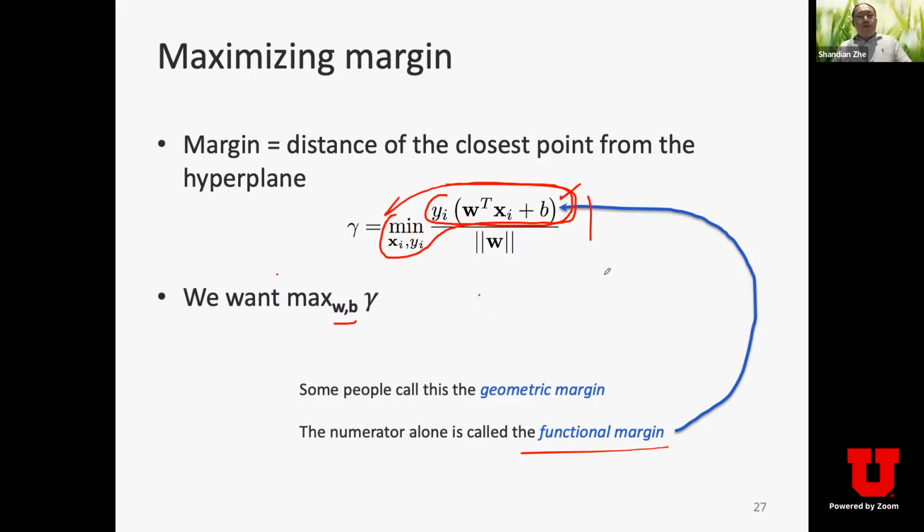The major difficulty in the optimization is that every time I change W and B a little bit to update the margin, I have to go over all the training set, namely doing this minimization over the functional margin. That's the major cost. Then the question is, how do we avoid this step? Or at least how do we reduce the cost of carrying out this minimization?